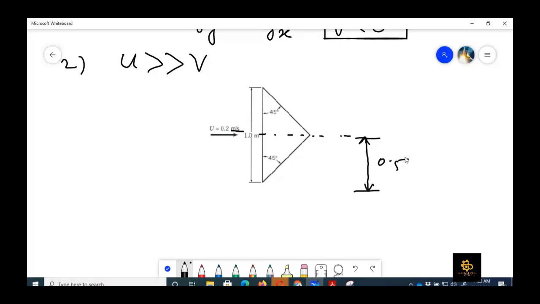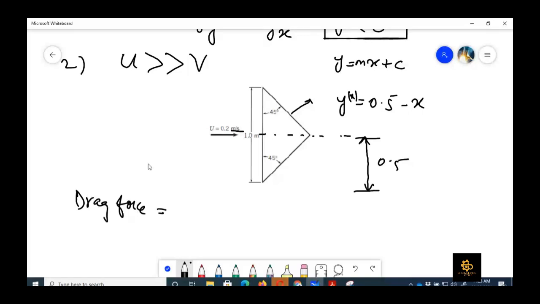If we want to see the slope of this line, y is equal to 0.5 minus x. Because this is a line, we know that y is equal to mx plus c, and we can calculate the slope, which would be minus 1 in this case. So y, as a function of x, would be equal to 0.5 minus x.